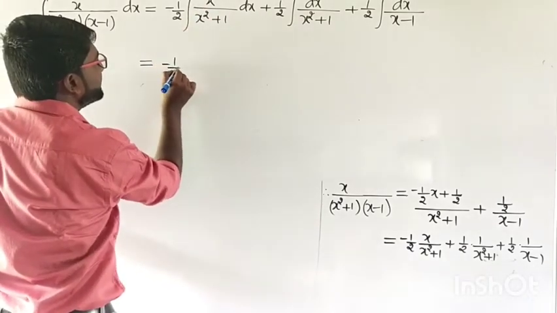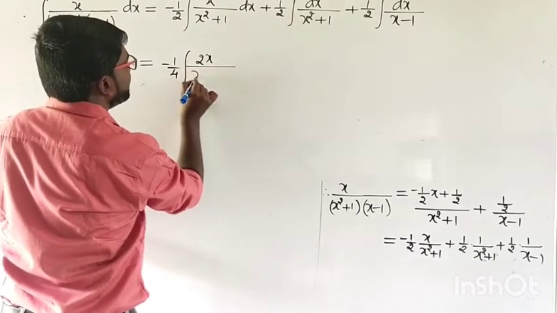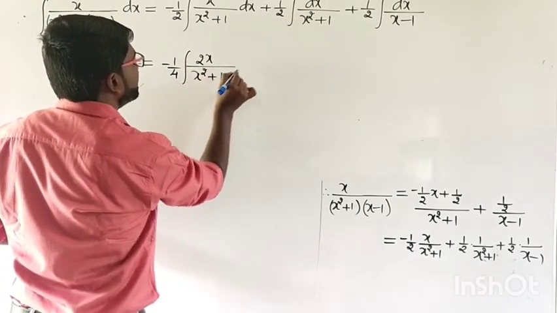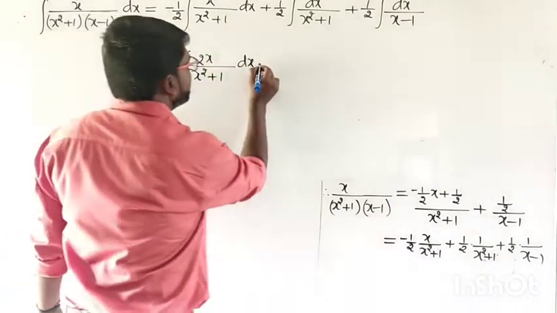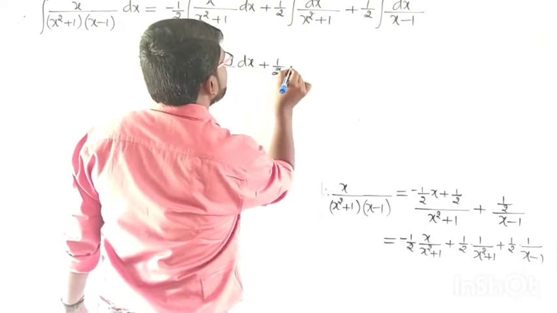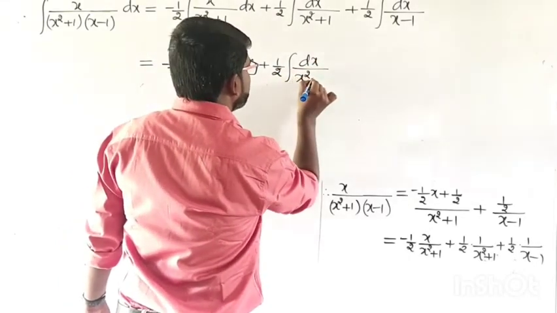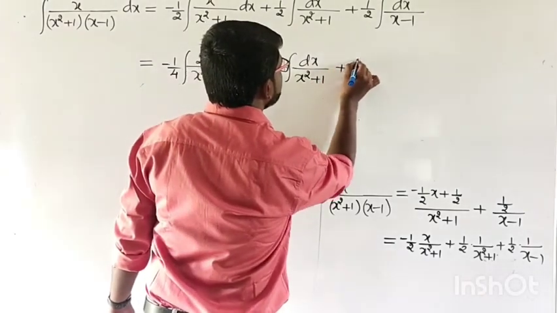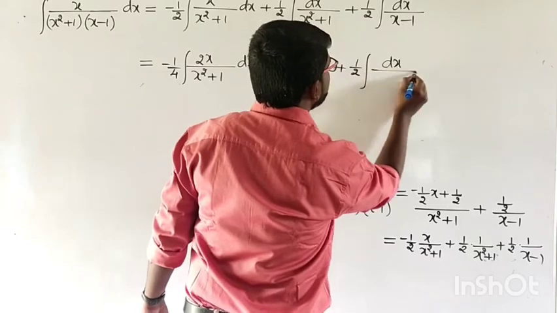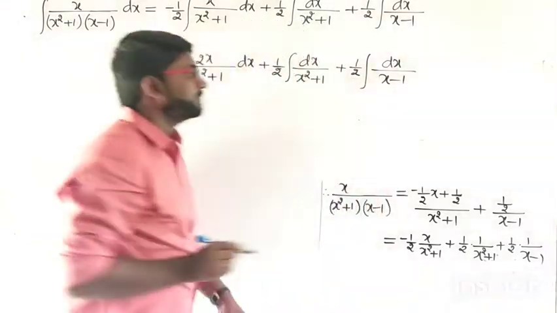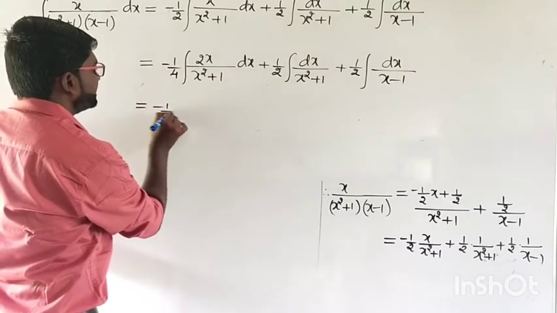So here we get minus 1 by 4 integral 2x divided by x square plus 1 dx, and write these two terms as it is, plus 1 by 2 integral dx upon x square plus 1, plus 1 by 2 integral dx upon x minus 1. So now minus 1 by 4 as it is.